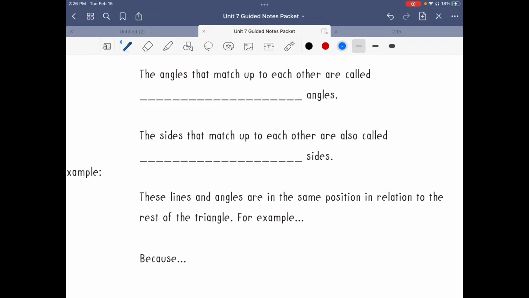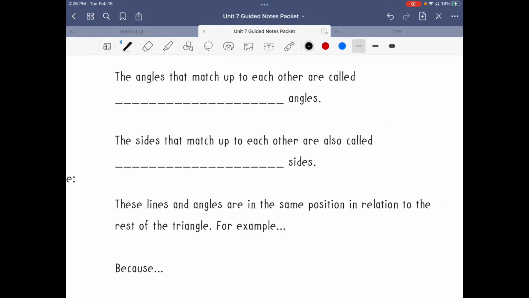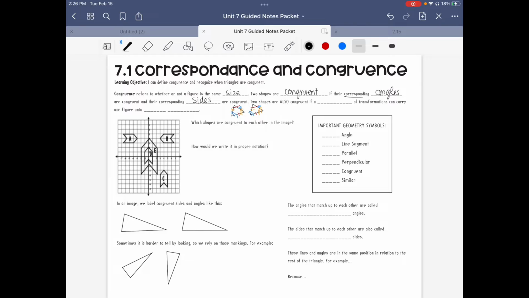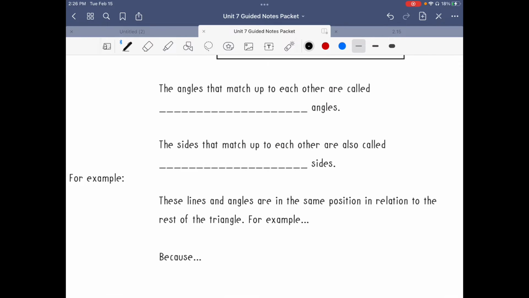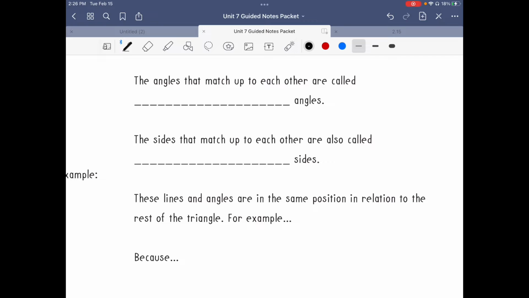The reason for that is corresponding angles and corresponding sides. So let's talk a little bit more about what corresponding means. We're going to go down here in the corner. The angles that match up to each other are called corresponding angles. The sides that match up to each other are also called corresponding sides.